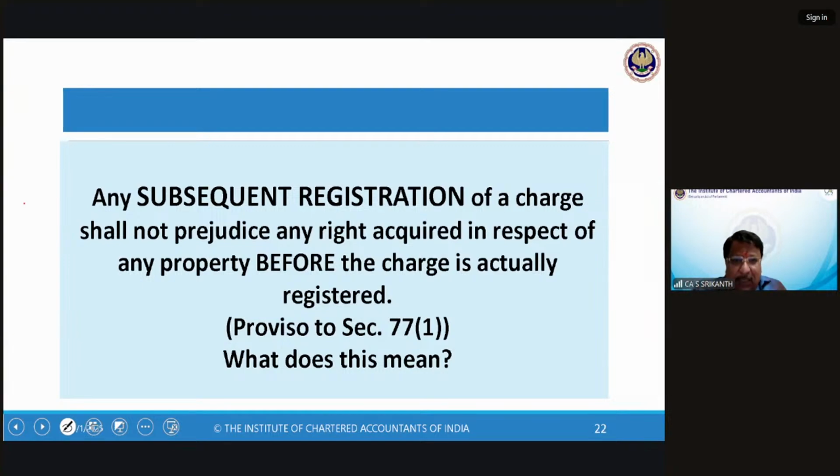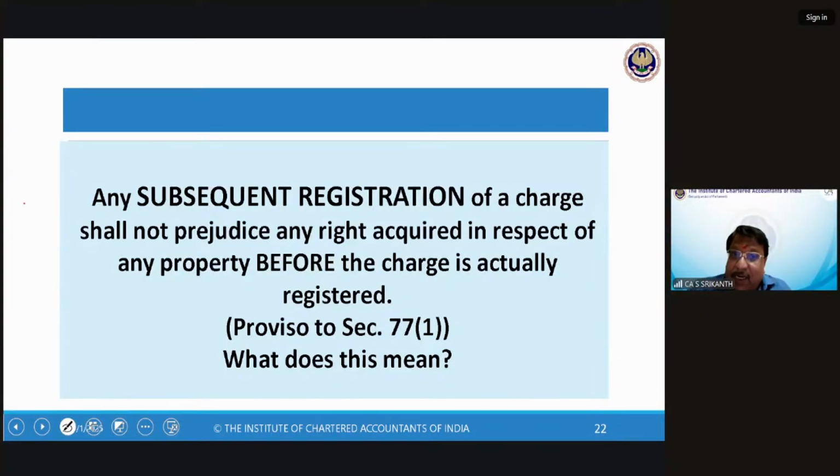So you have registered it now. If some other charge was actually registered in the meantime, that person will get priority. If you register belatedly, no problem, you will be a secured creditor; the charge which was created first, he will be the secured creditor. So security will be there.